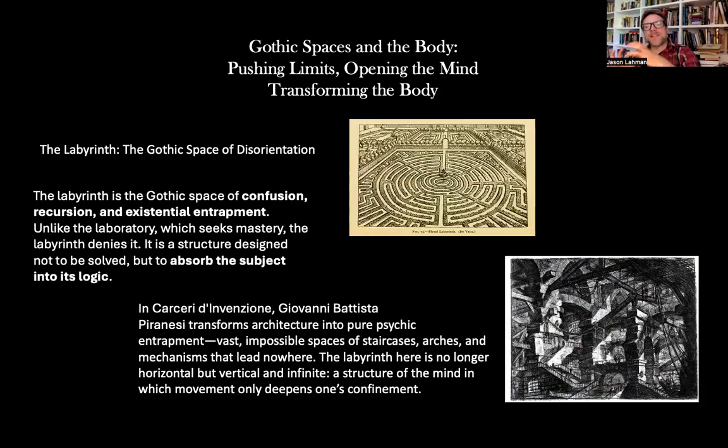The second space I want to talk about, and its relationship to the body in this Gothic series of mise en scène, if you will, is this idea of the labyrinth. So, if the Gothic laboratory is the place of transgression and overreach, and the Faustian desire to keep pushing forward, then the labyrinth is the Gothic space of disorientation.